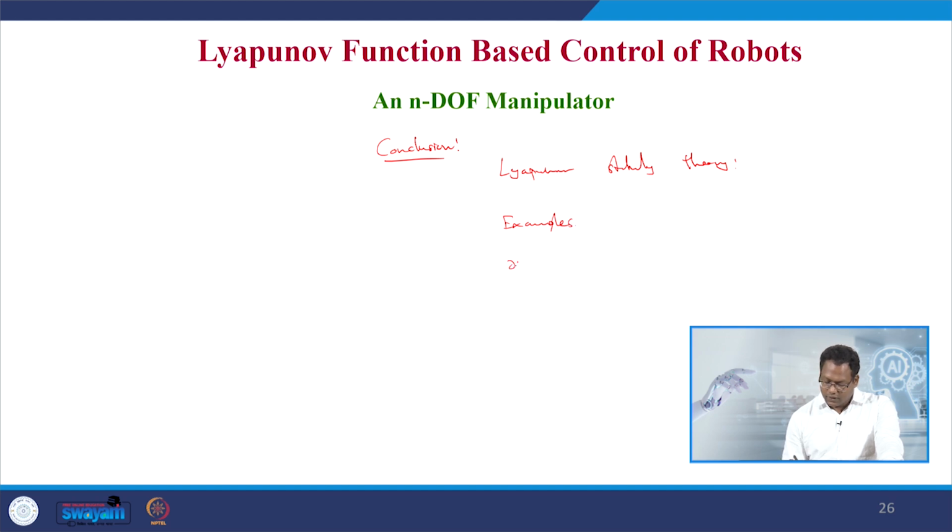Then we took a linear system, and by using the Lyapunov matrix equation A transpose P plus P A equal to minus Q, we could solve the stability of the linear system. And then we saw the Lyapunov based control of robotic systems, which involves an n degrees of freedom manipulator and a single link manipulator.